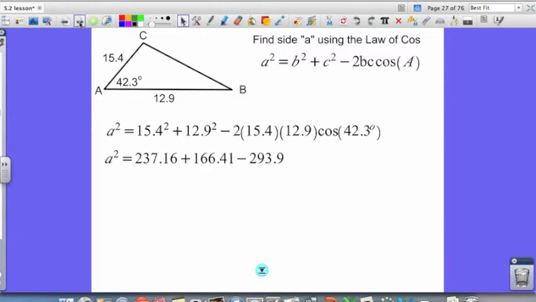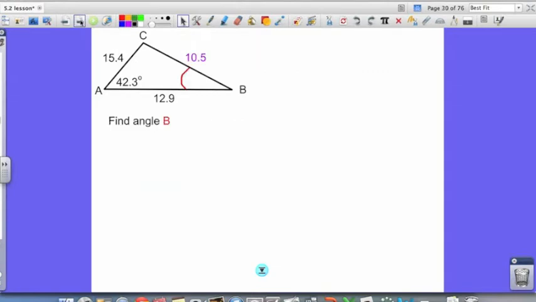I can square the 15.4, square the 12.9, and multiply all this out at once, which gives me 293.1. Combine like terms, square root both sides. So now I know side A is 10.5 inches, feet, whatever the units are. What I would like you to do is find angle B.